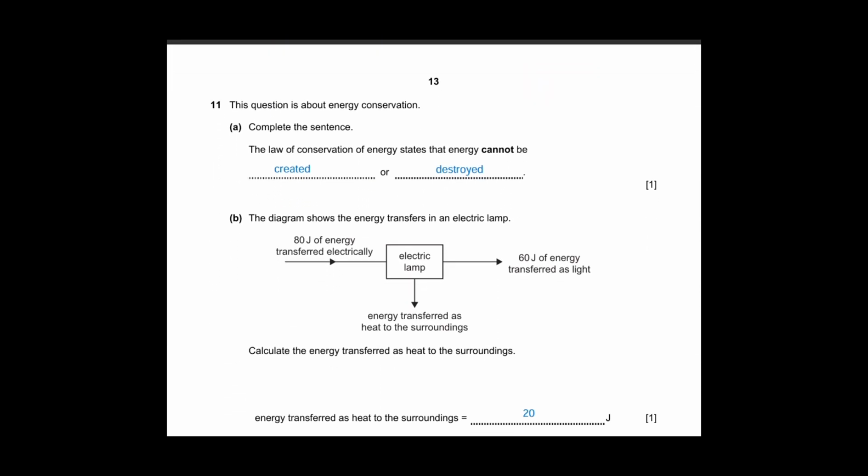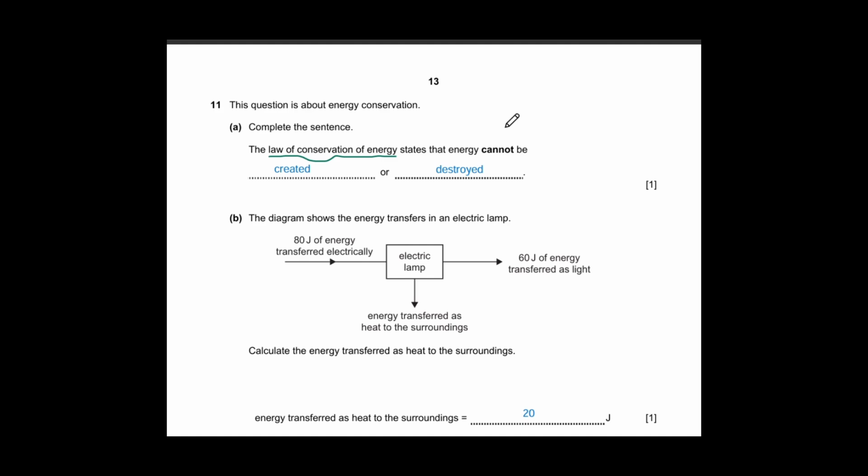The question is about energy conservation. For energy conservation, one thing that should quickly come to mind is the law of conservation of energy, which shows that energy cannot be created or destroyed. That is what is most important.